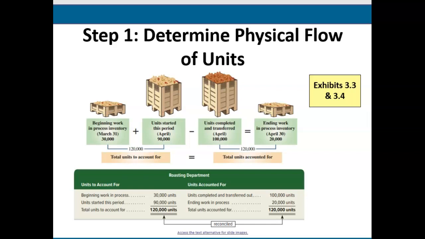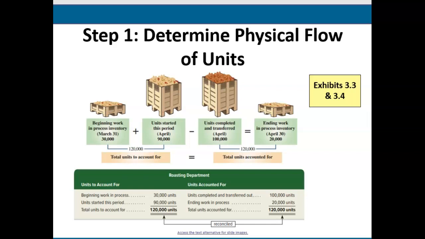On the left, we compute the 120,000 units to account for, which are the 30,000 units in the beginning work in process inventory plus the 90,000 units started this period. On the right, we reconcile match with the 120,000 units accounted for, which are 100,000 units completed and transferred out, plus 20,000 units in ending work in process inventory.